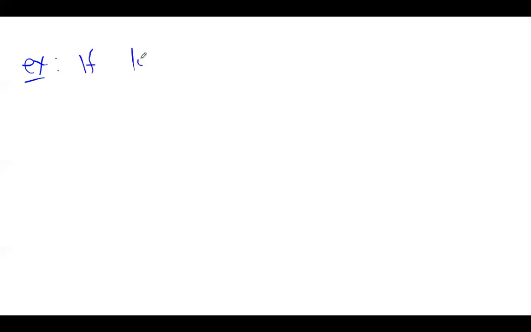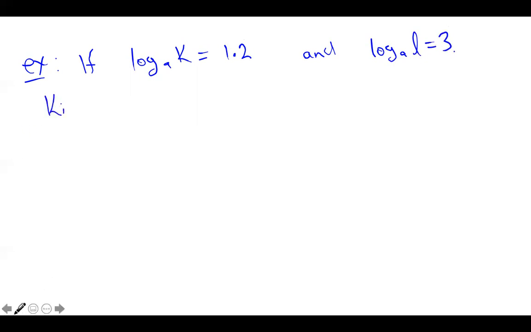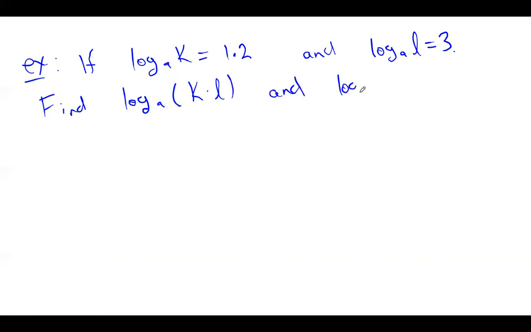So if log of A equals K, it's 1.2, let's say, and log of L equals 3, let's find log of A times L. What is the formula for this?